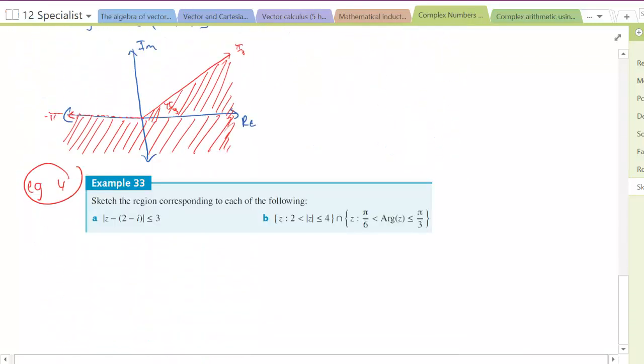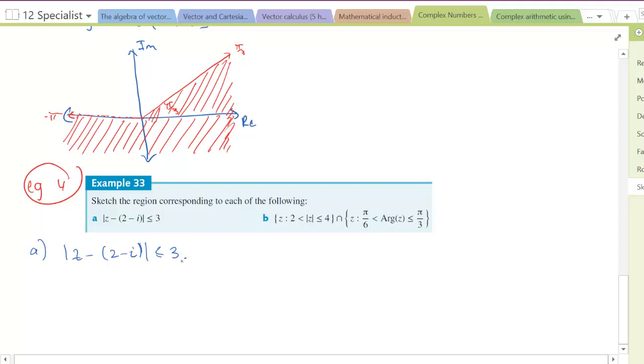In this next example, we'll look at circular relationships that also have inequalities in them. So in part A, we're looking at this modulus of z subtract 2 take i is less than or equal to 3.